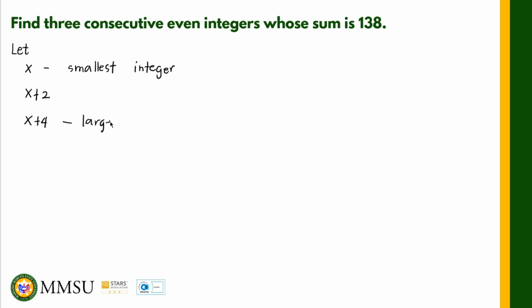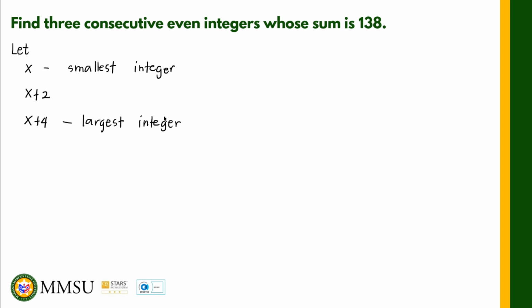Why x plus 2 and x plus 4? Because consecutive even integers differ by 2. Even numbers: 2, 4, 6, 8, 10, they differ by 2. So if x is the smallest integer, you add 2 and you come up with the second integer. Add 2 again, and you come up with the largest integer. So we have x, x plus 2, and x plus 4.